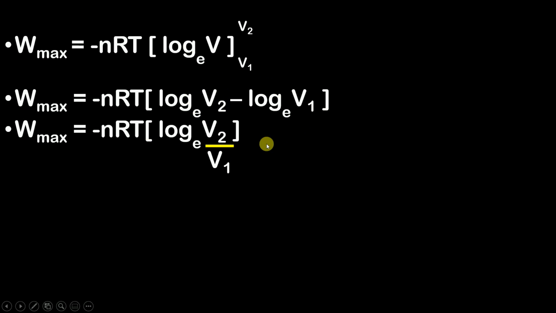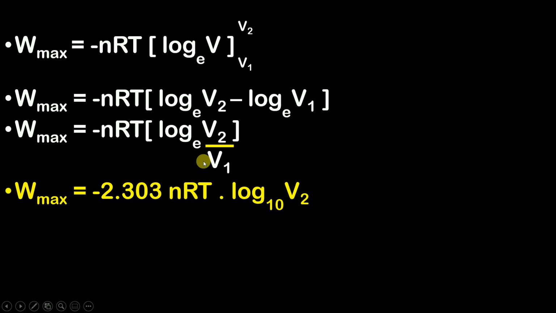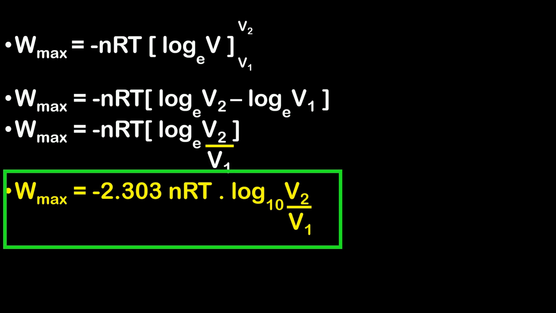Now this is in log to the base e form, but you want log to the base 10, so you have to multiply by 2.303. When you multiply by 2.303, this is the final formula of maximum work that you will see in your textbook, and this is going to be very important for solving the numericals.